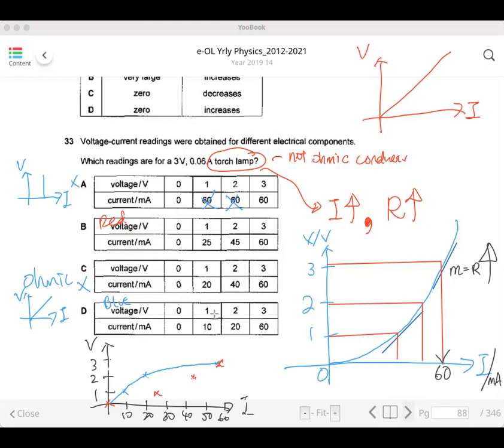Okay, the red will look like this. So from here, can you tell me, will the red graph look like this or the blue graph look like this? Which one has an increasing gradient? Because resistance is equal to change of V over change of I. So if I want an increasing resistance, my gradient should be increasing. So can everybody tell me your answer?